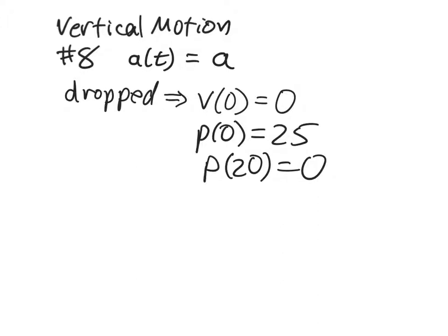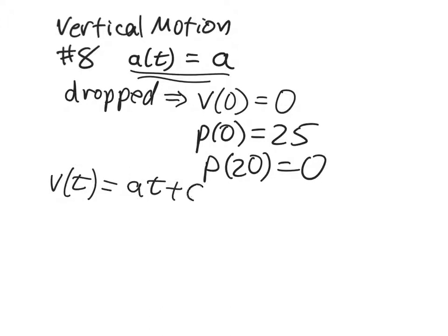Okay. So, as we do on all of these, starting with acceleration, we can find the velocity function. And since the rock is being dropped, the initial velocity, which I think we've done enough of these, we can see that's going to be our constant of 0.